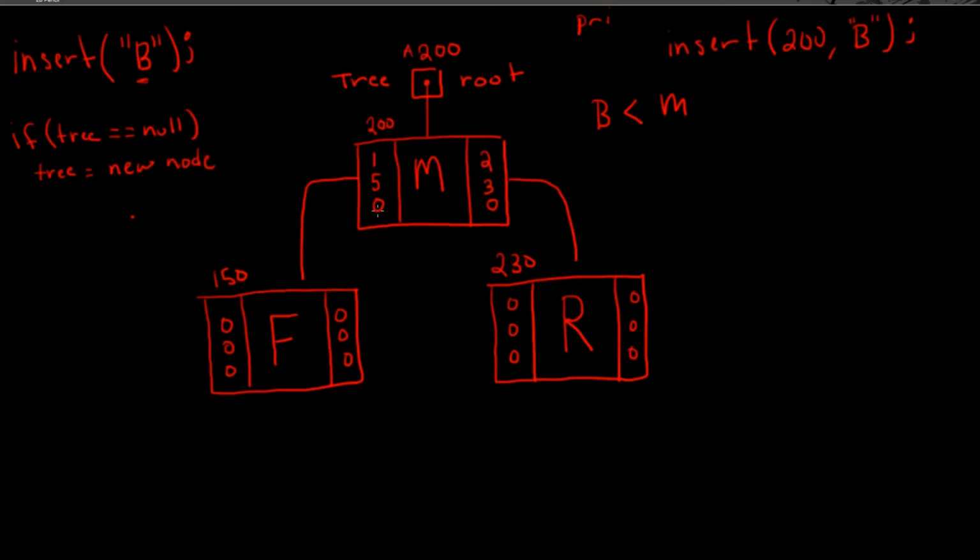That means it's going to have to call insert again recursively, but this time it has to call 150. So 150, and it's going to pass the value of b.